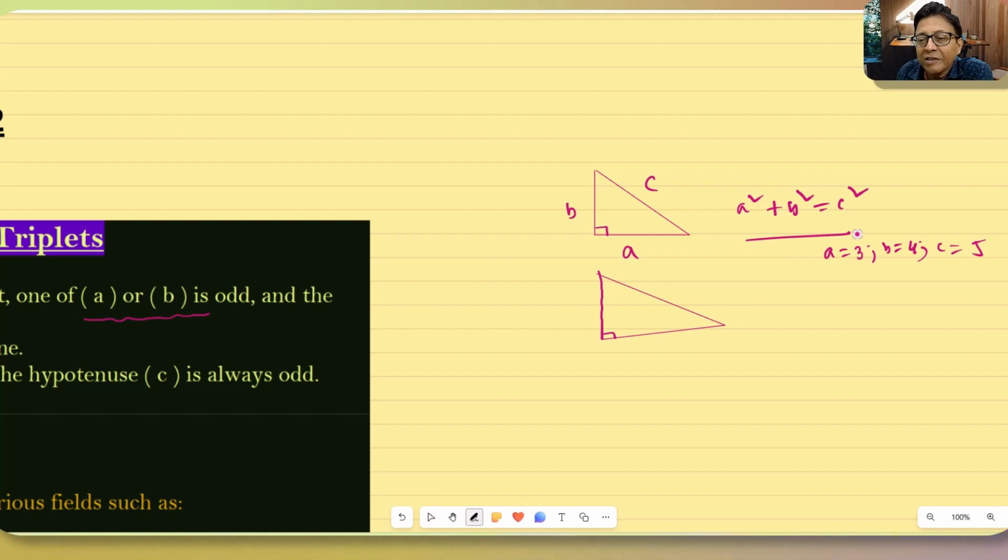If you multiply by 3, this one 9, this one 12, this is going to be 15. What you have done there? Each multiplied by 3. So this is 9, this is 12 and this is 15. These two triangles are similar to each other. So once you get a primitive Pythagorean triplet, based on that, infinitely many triangles can be formed.